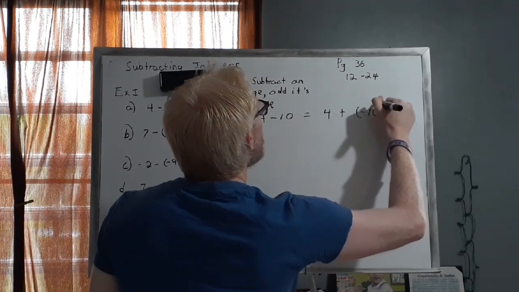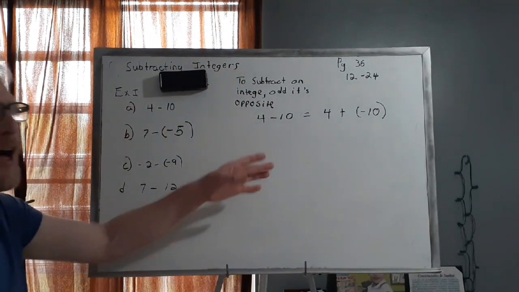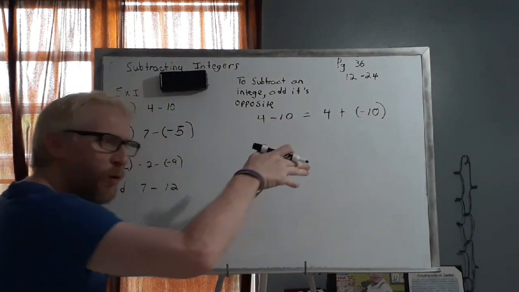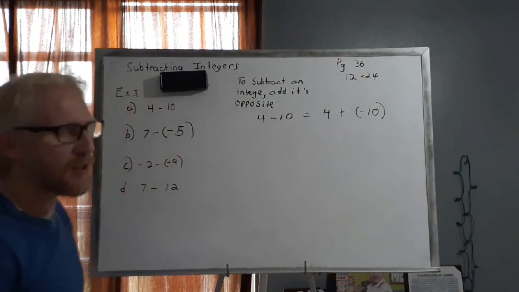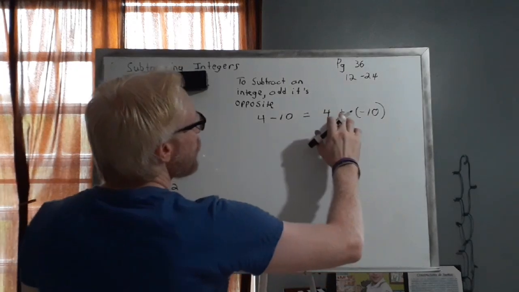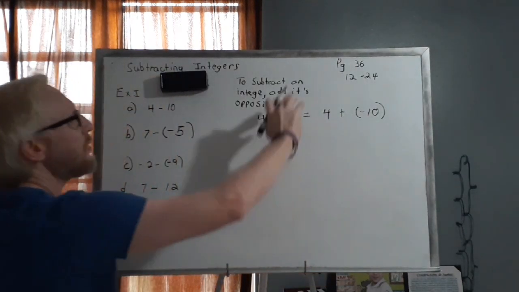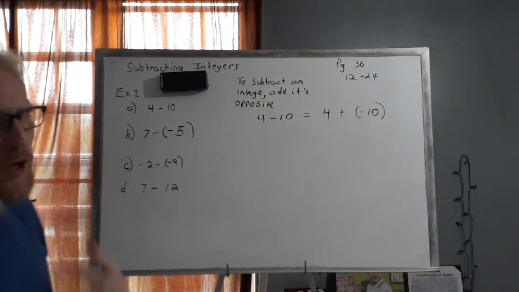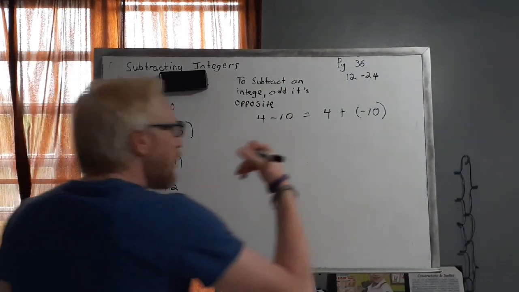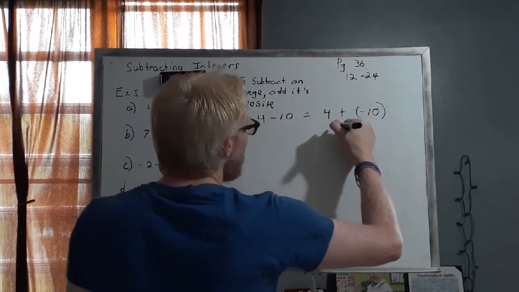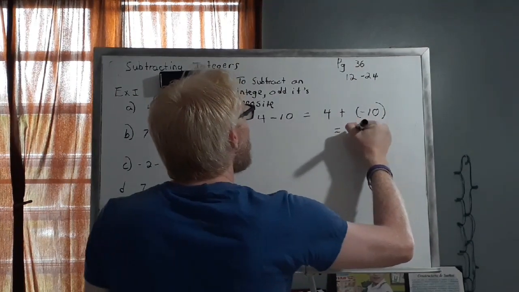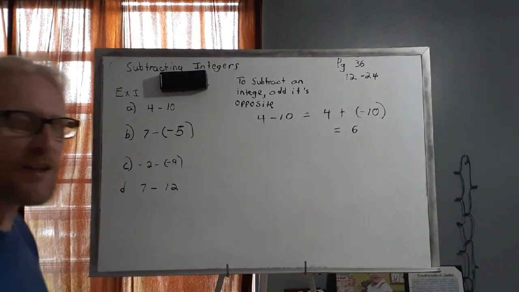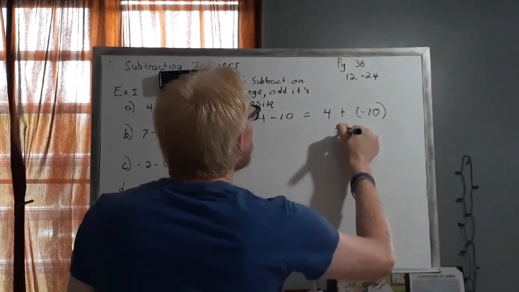So when the rule says to add the opposite, it's basically everything to the right of the 4 that changes to its opposite. The minus sign changes into a plus sign, the positive 10 turns into a negative 10, and then you have 4 plus negative 10, which we already know how to do, because 4 plus -10 is the same thing as saying 10 minus 4, which is 6. But because the 10 is larger than the 4 and the 10 is negative, we say it's -6.